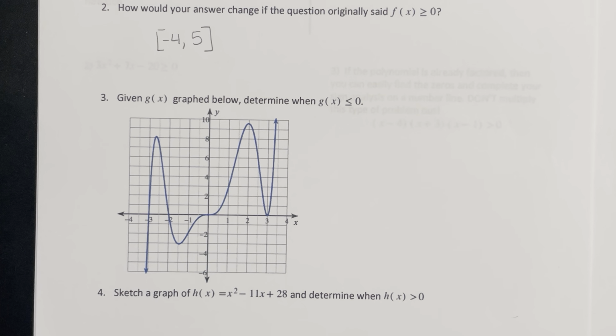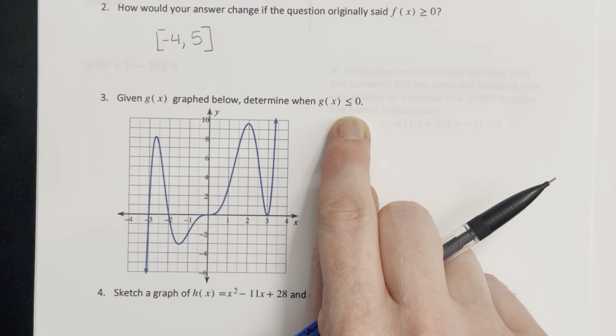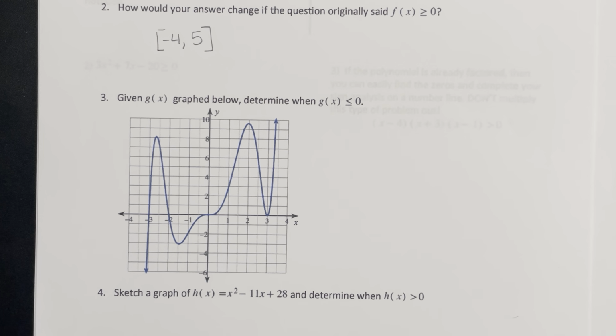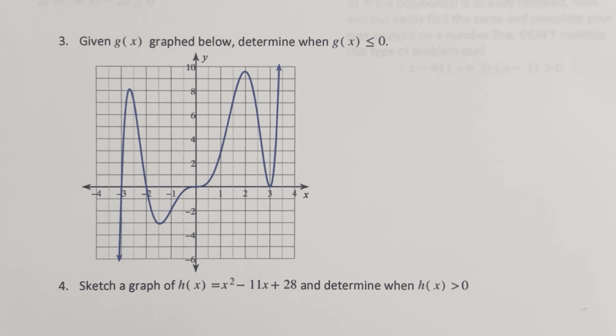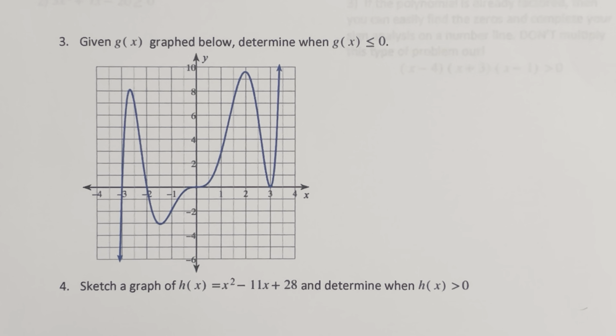Here we have another graph g of x, and we want to determine when this is less than or equal to 0. So pay attention to your inequality sign, less than or equal to here. The first thing I might want to know is when it's equal to 0.